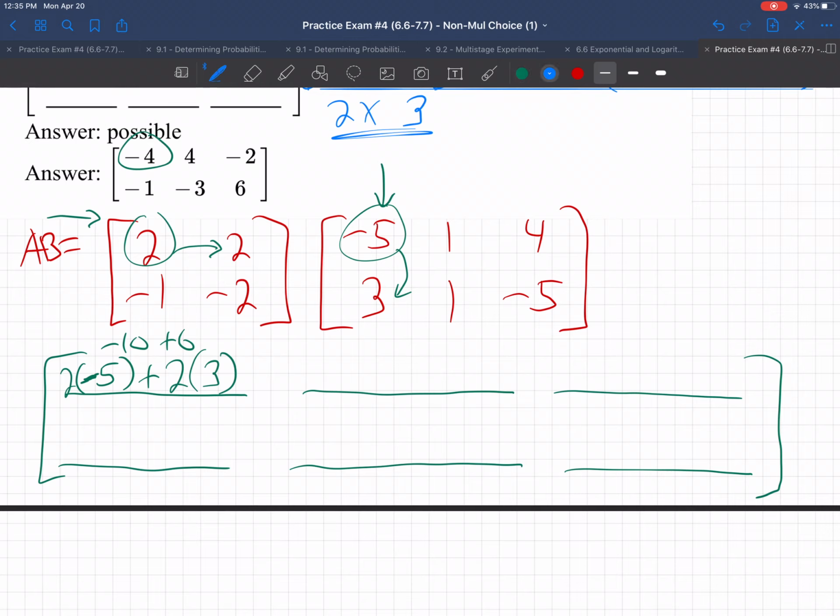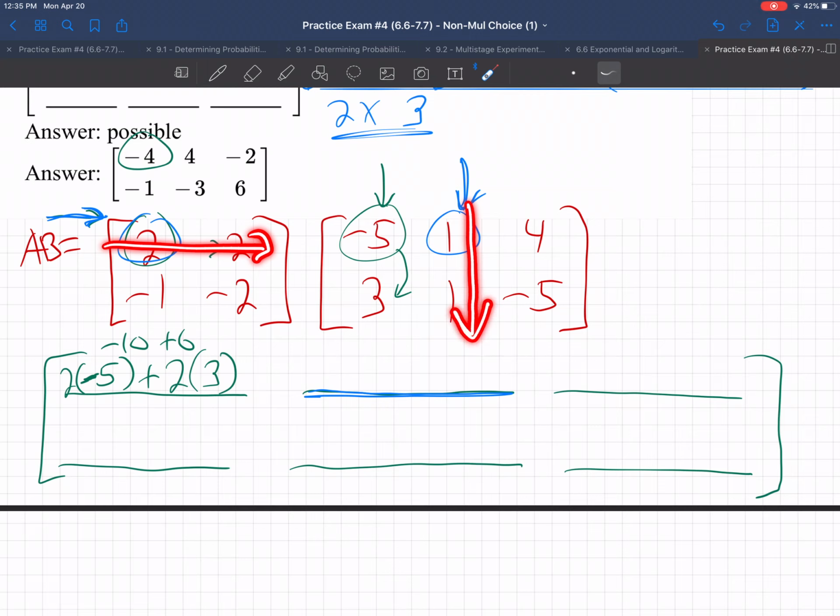Let's try the next one. Again, where are we starting? Now I want to go to this upper middle. I'm going to go across the upper row, but I'm going to go down the middle column now. I want upper, middle, upper, middle. Again, my left hand goes across, my right hand goes down.